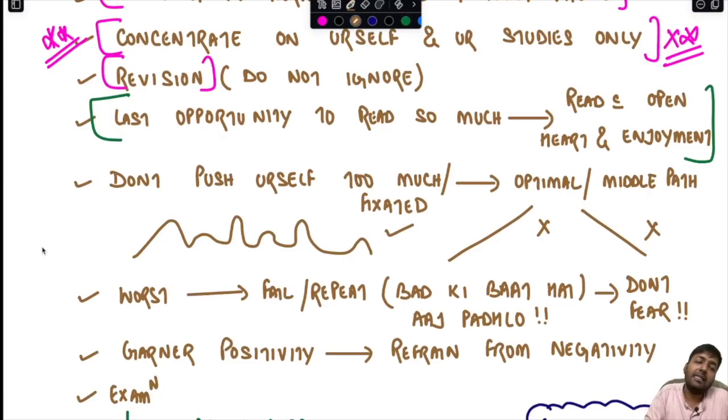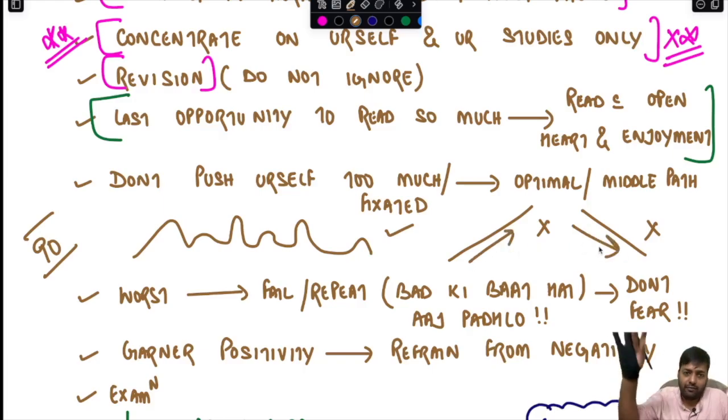Remember one thing, this 90 days will not be a plain linear graph. There will be certain good days, there will be certain bad days. ये मान के चलो. There will be days you will not be able to fulfill your target. There will be days जहाँ मन नहीं करेगा पढ़ने का, वो normal है. And that is very usual.